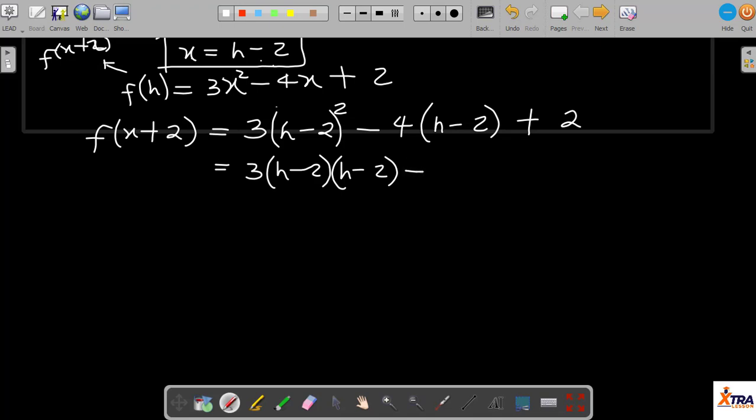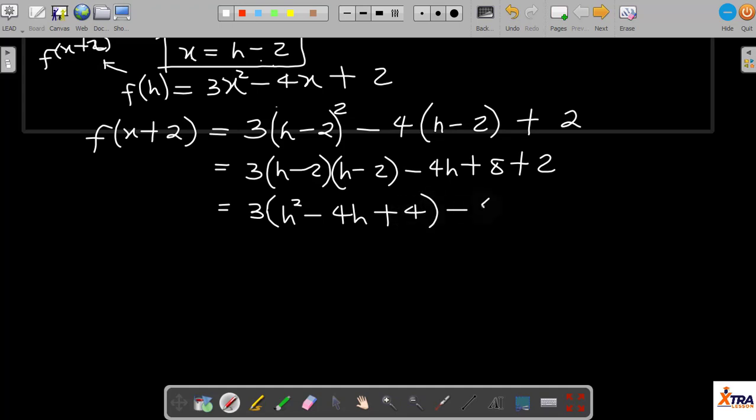Opening this bracket, we have minus 4h plus 8 plus 2, giving us a quadratic function.